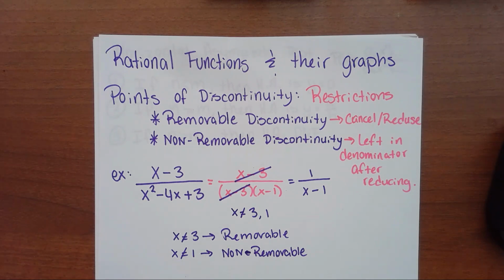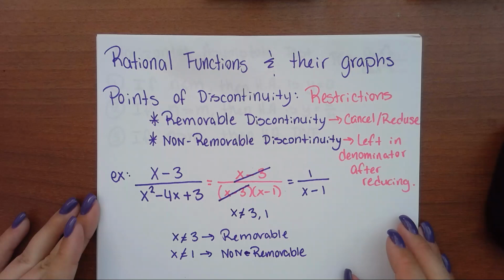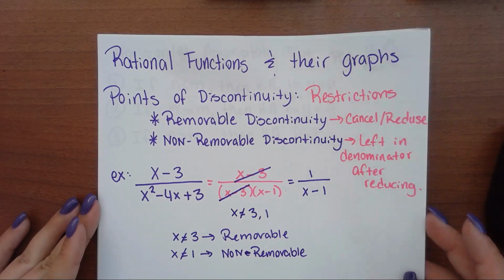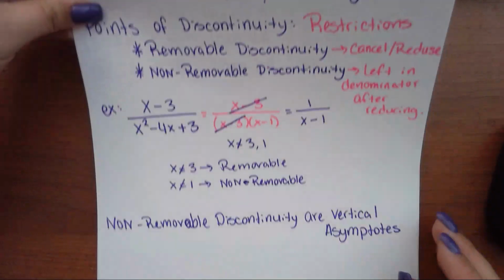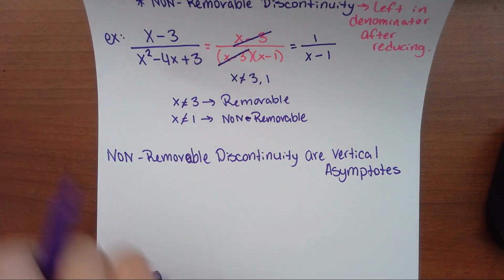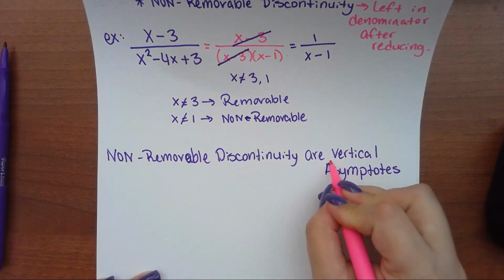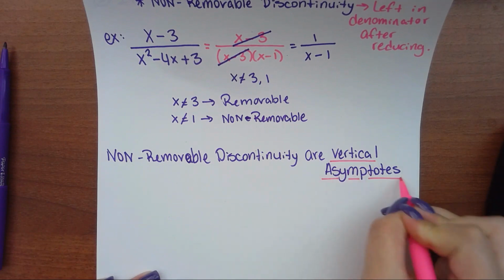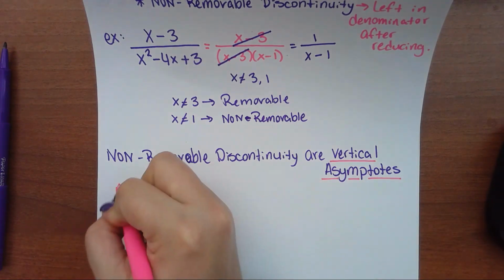Now, here's the thing. Your non-removable discontinuity has a specific purpose in your graph, and it is called our vertical asymptotes. Now, your vertical asymptotes are very, very important. And one thing that you do need to know is, what is an asymptote?